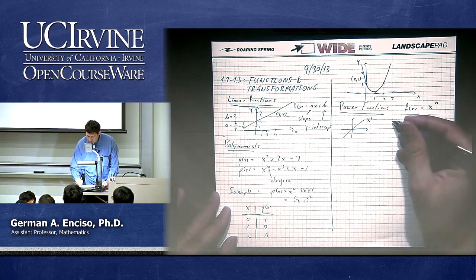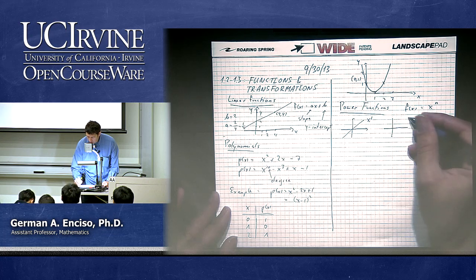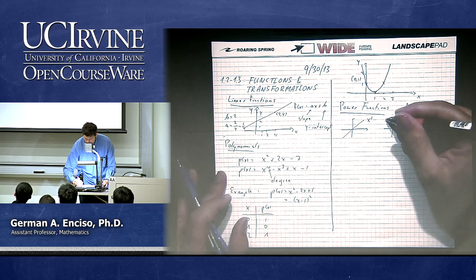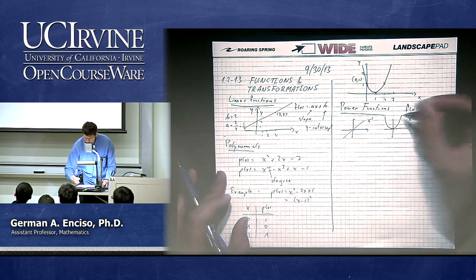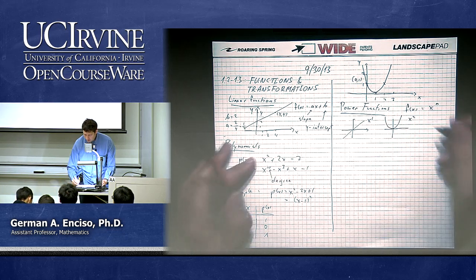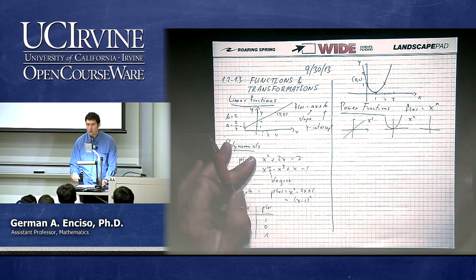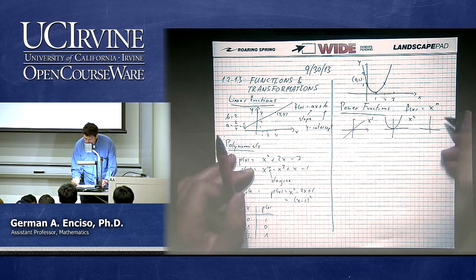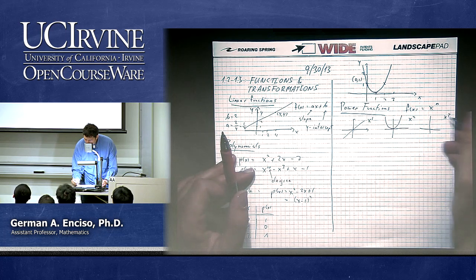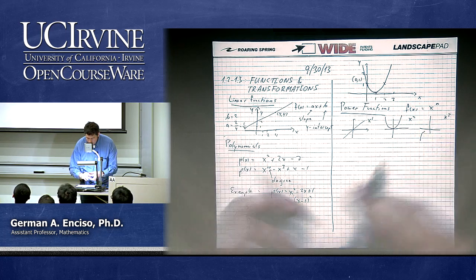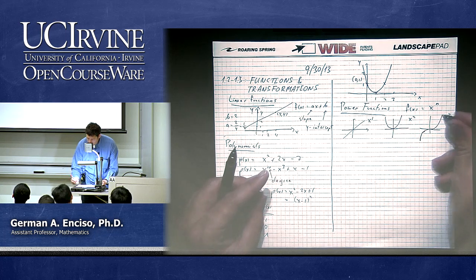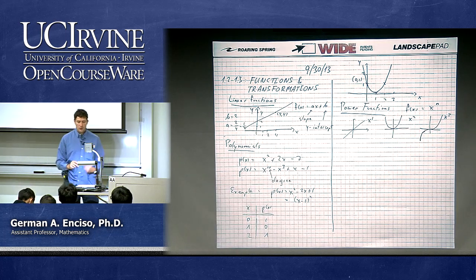What about x to the 2? It's a parabola. That's right. What about x to the 3? It's a cubic, a line like this, and you can keep going.